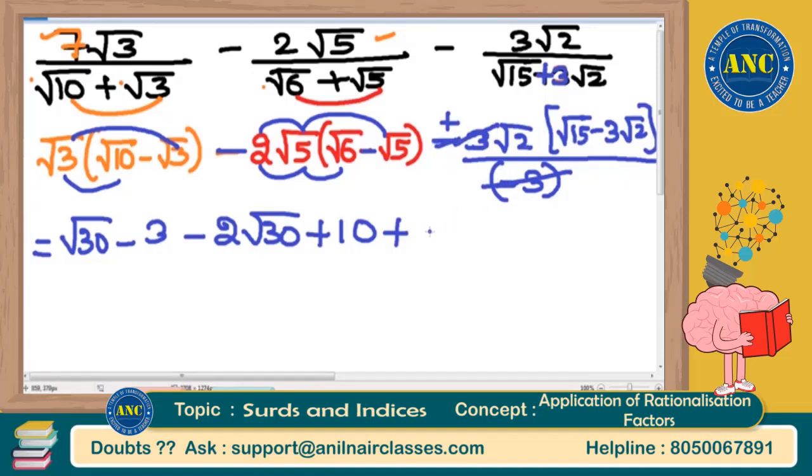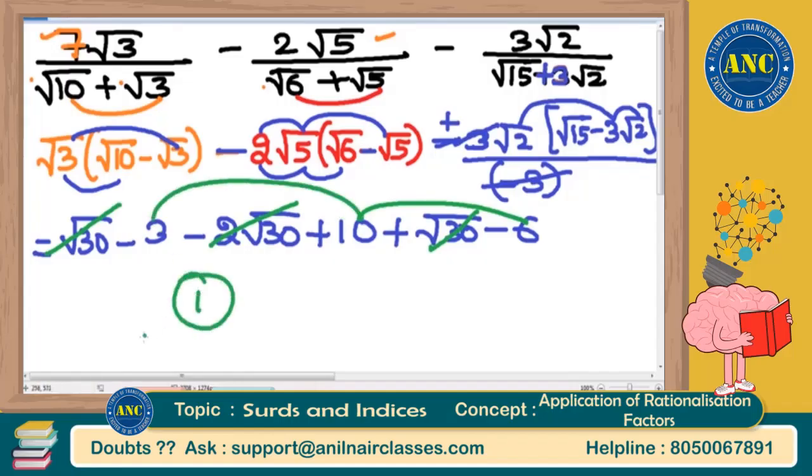Plus root 2 into root 15, it is plus root 30, plus root 2 into 3 into 2, it is minus 6. What are the things left out, sir? Only root 30 is left, 2 root 30 cancelled with minus 2 root 30. 6 minus 10 minus 6 is 4. 4 minus 3 is 1. Answer for this question is 1.